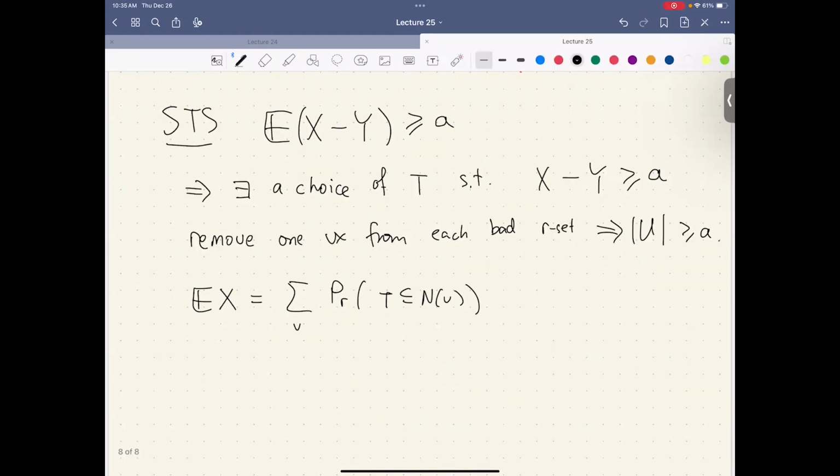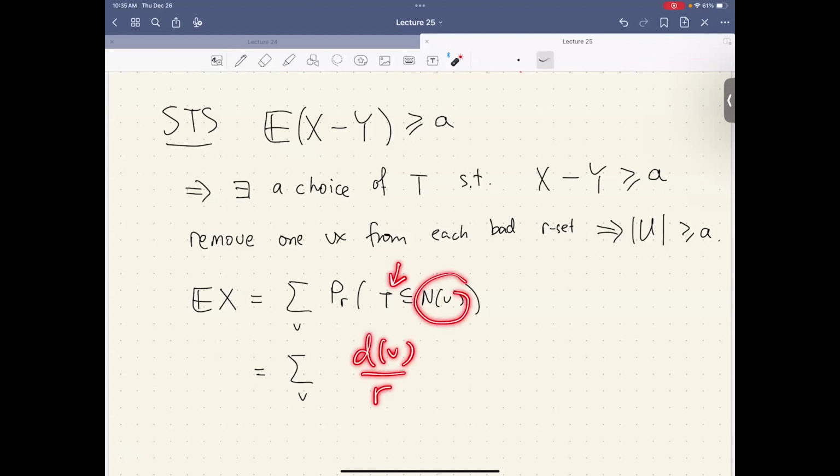This occurs with probability, sum over V. Well, for each vertex in T, it lies in here with probability d(V) over n because the vertex in T is uniformly chosen. And since we choose them with repetition, independent of one another, we raise to the power t. There are t vertices chosen.